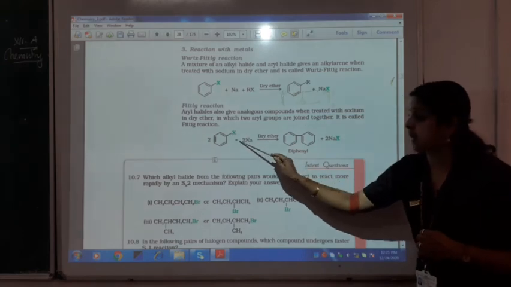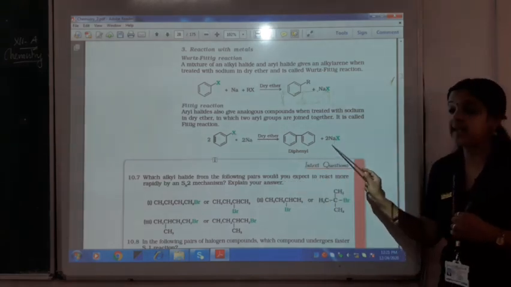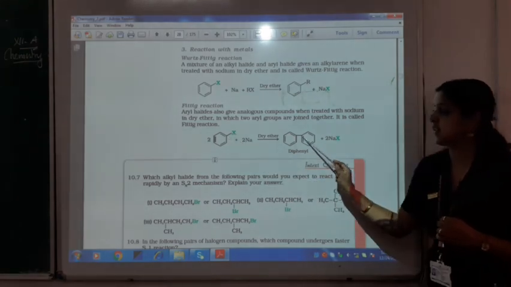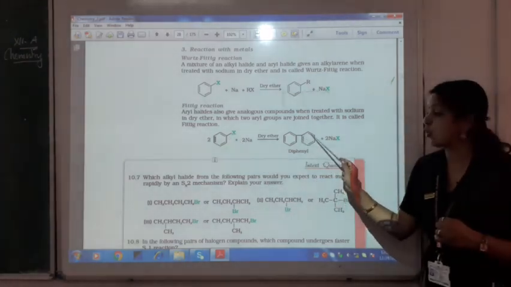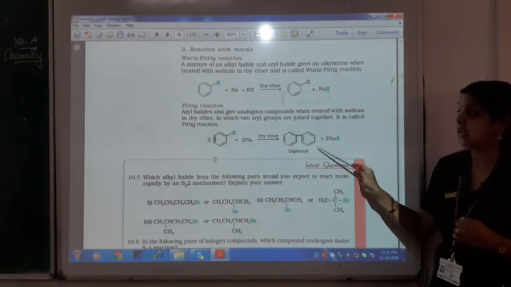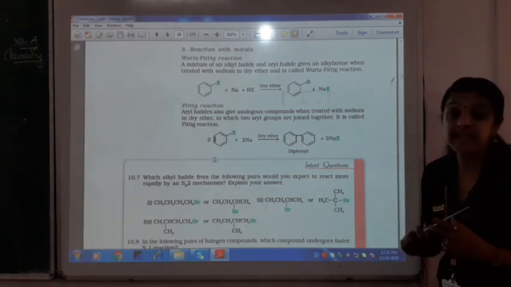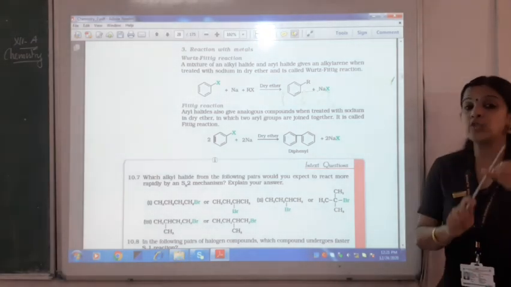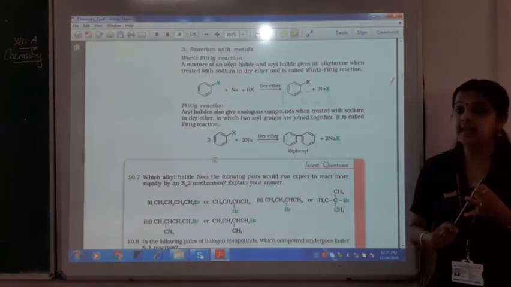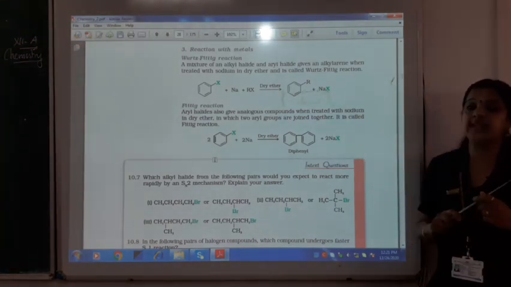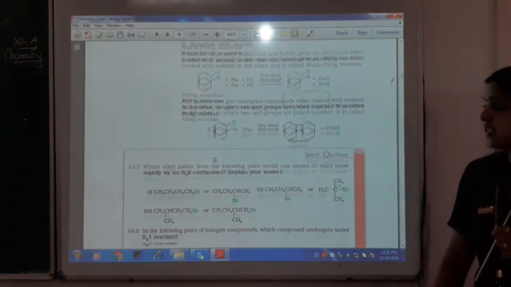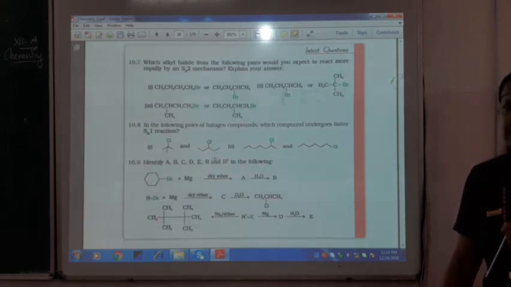The two halogen atoms combine with sodium to form NaX, and the two benzene rings form a bridge, which is called diphenyl. That is called the Fittig reaction. So we learnt Wurtz reaction, Fittig reaction, and together the Wurtz-Fittig reaction. These are some of the reactions we have learnt till now.